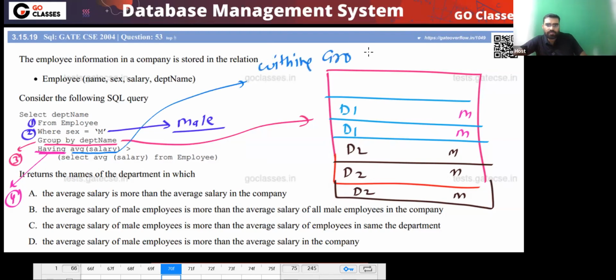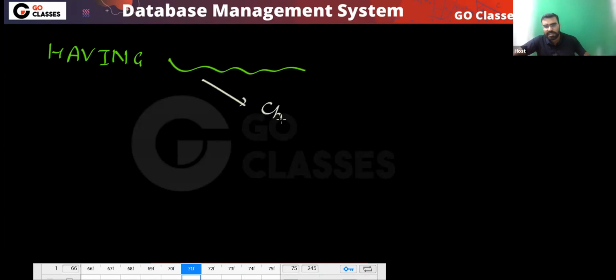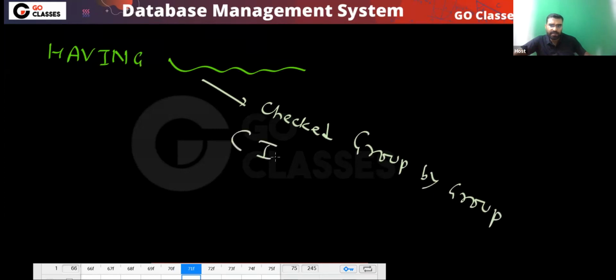Because the having clause applies when? Group by group. Whatever condition is there in this having clause, this condition is checked group by group, independently, for every group.